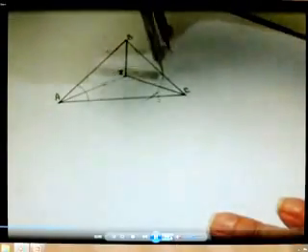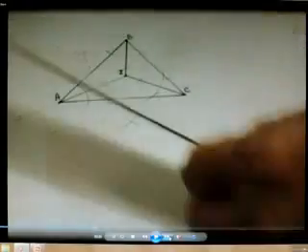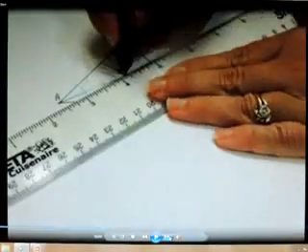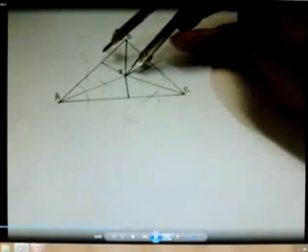So we're going to find, let's speed this up, a perpendicular intersector for each of these triangles. We're going to draw those in there. Okay.